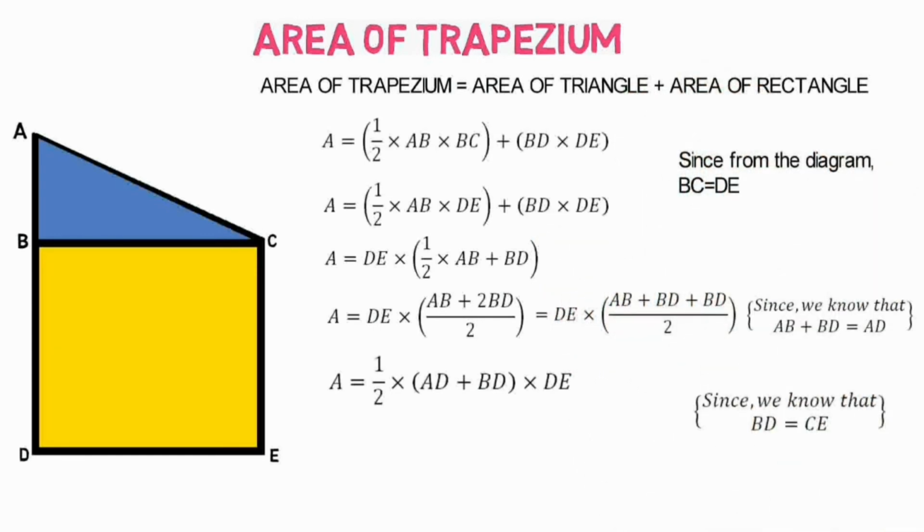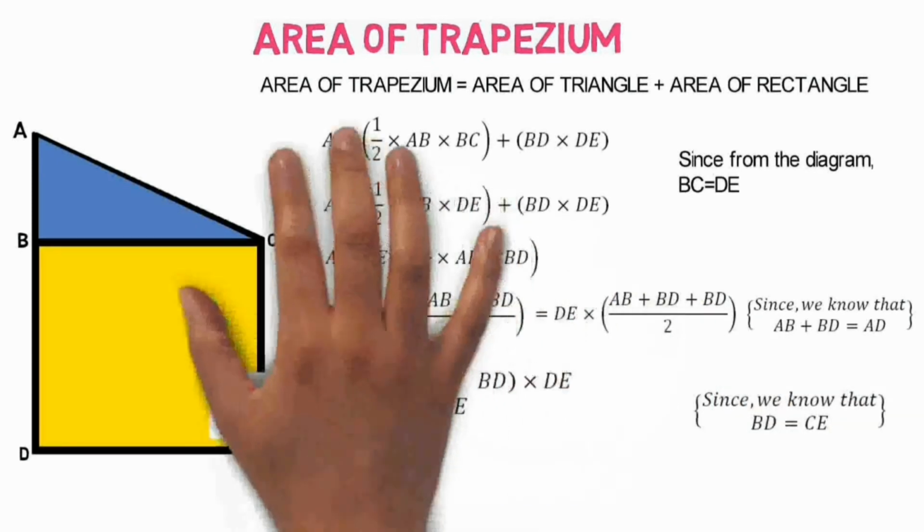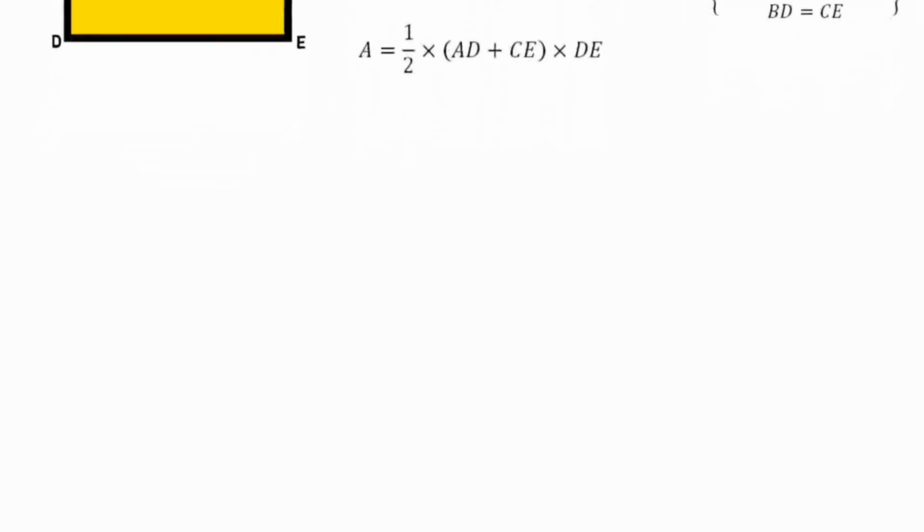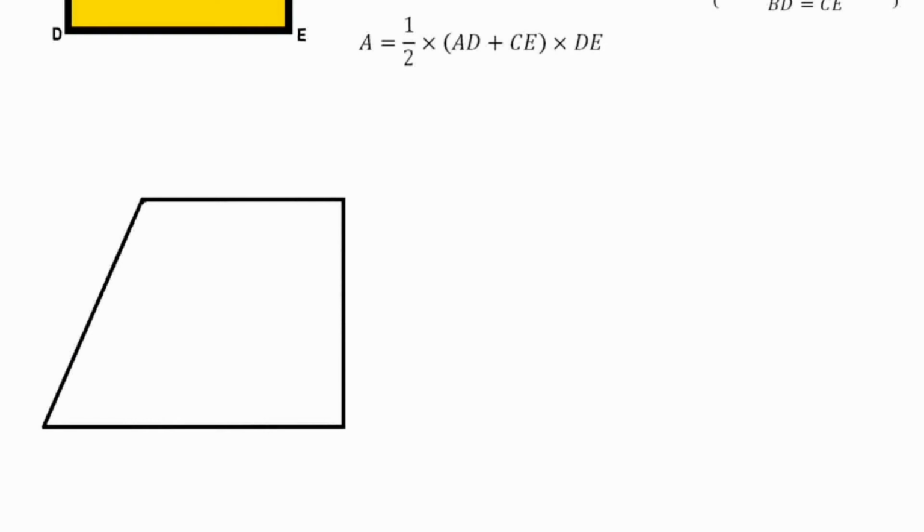Since we know that BD is equal to CE, we can write the above equation as A is equal to half into (AD plus CE) into DE, where AD and CE are the parallel sides of the trapezium and DE is the base. Now we will try to write this formula in general form.